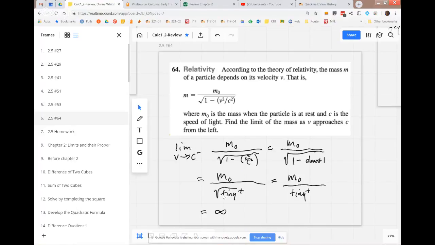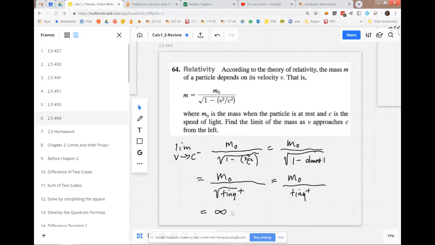So in the next step, you take the square root of a small number. Well, it's still going to be a small number, and it's a small positive number. Again, it's really a tiny number. And what happens when you take anything and divide by a really tiny number? You get a big number.